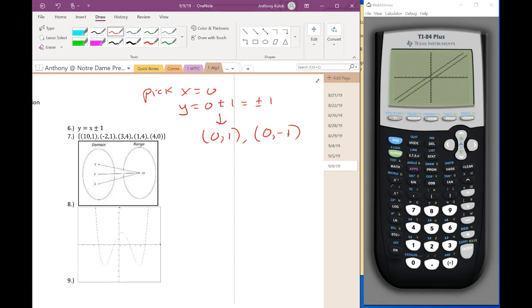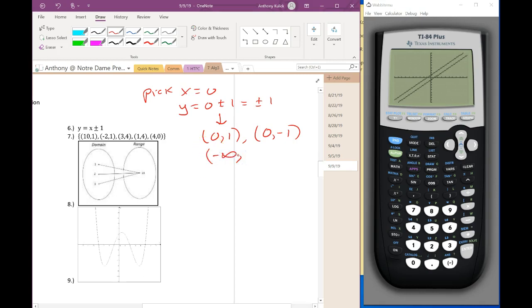Okay. Let's do the domain and range then for 6. Easiest to do this by looking at what? The graph. That's correct. So if I look at the graph, is there a leftmost point? Not really, right?